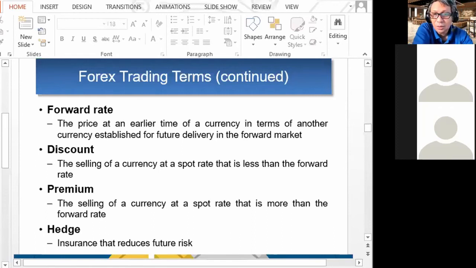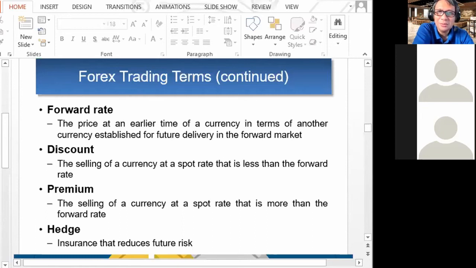Makikita nyo, bumaba yung dollar. Nagmura halimbawa yung dollar, 45 to 43. 45 yung spot rate, 43 naman yung future rate. So ang tawag doon, premium. It's a premium because the Philippine peso actually appreciates. Lumakas, it appreciates. So premium yun.